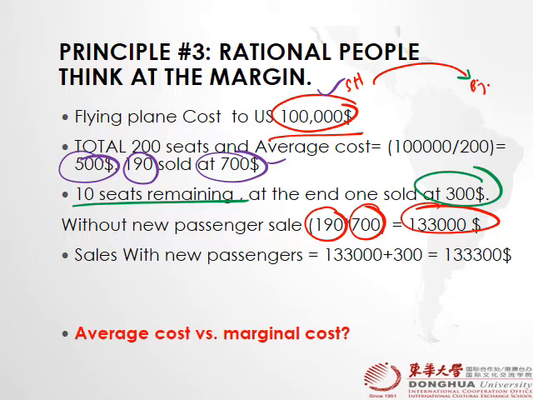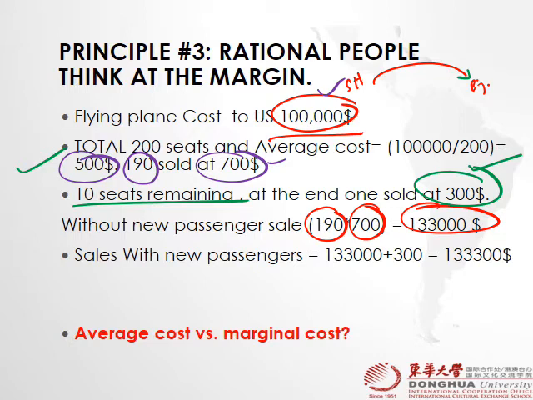What is a layman's approach? You will say, no way. Why? Because my average cost is $500 and you are paying me $300, still $200 less than my average cost, right?